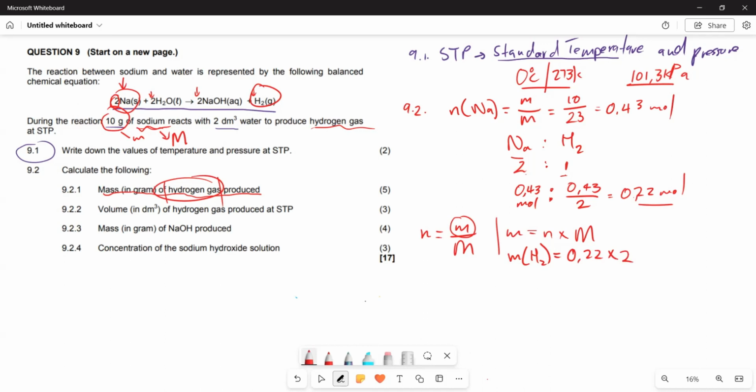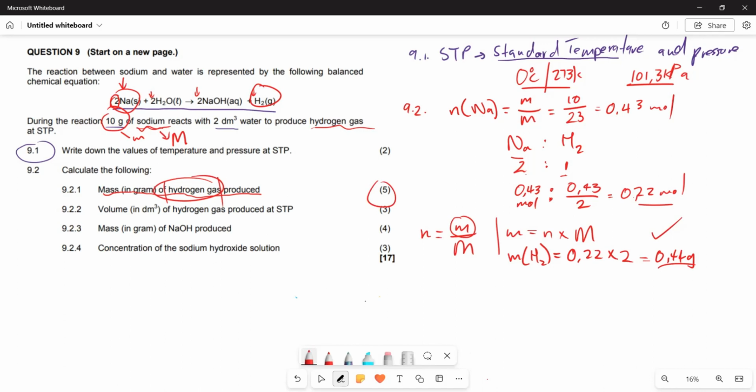And therefore, when you multiply this, you'll realize that you are going to have 0.44 grams as the mass of your hydrogen gas, right? Yes. And then you are getting your full 5 marks. You put them in your bag.